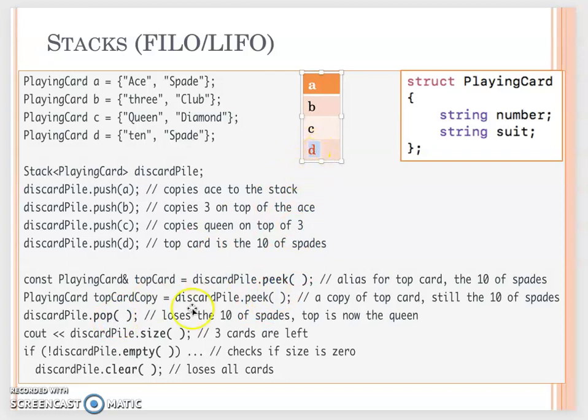After I pop D, the size only has A, B, and C, so 3 cards left. Then for empty, we just see if the size is not equal to 0, it is not empty. When we clear, we either pop everything or we just make the size equal to 0. So this one is our stack example.